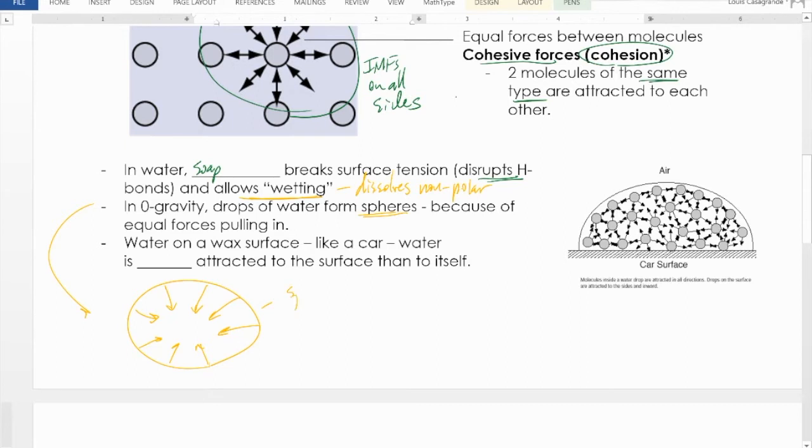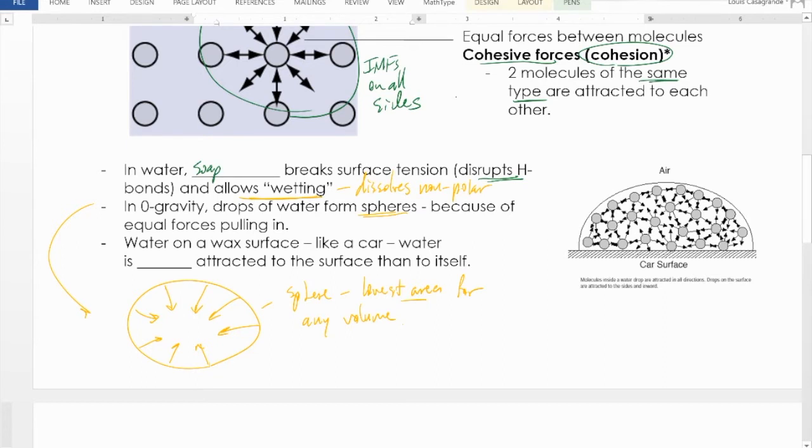And in a sphere, we have the lowest area. So surface tension depends on area, lowest area for any volume. This is why when you blow bubbles, they form spheres. Anything that's left on its own is going to form spheres. On Earth, we don't have spheres because gravity is pulling in. And what happens is the water drops will try to form as close to a spherical shape as they can.